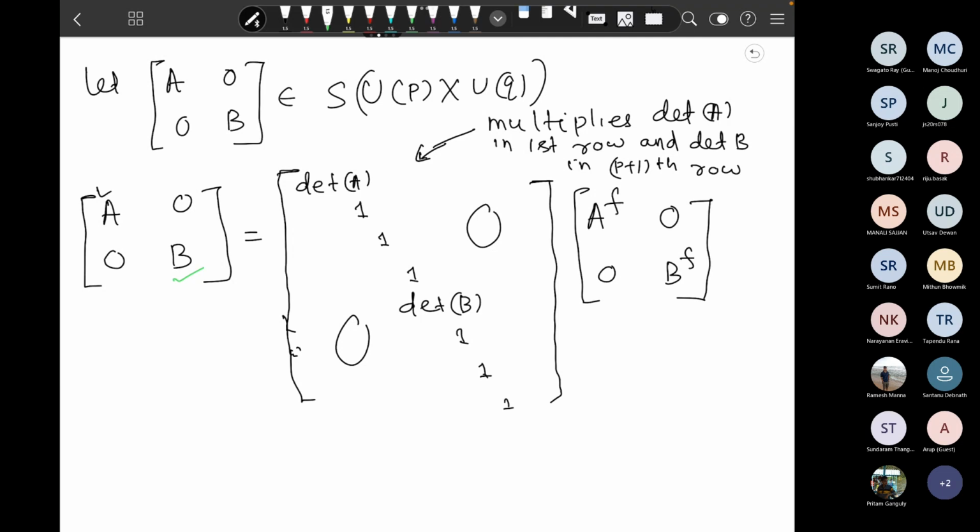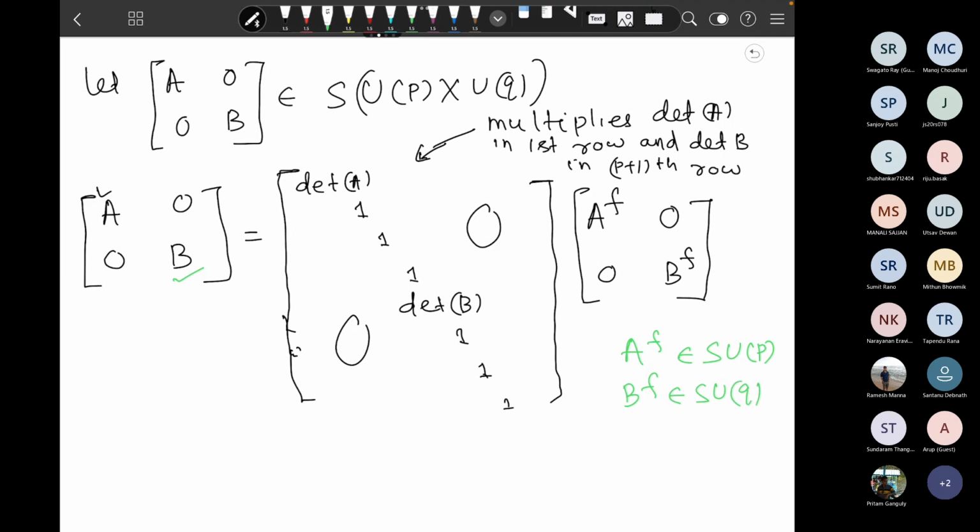Now by definition, A' belongs to SU(p) and B' belongs to SU(q).